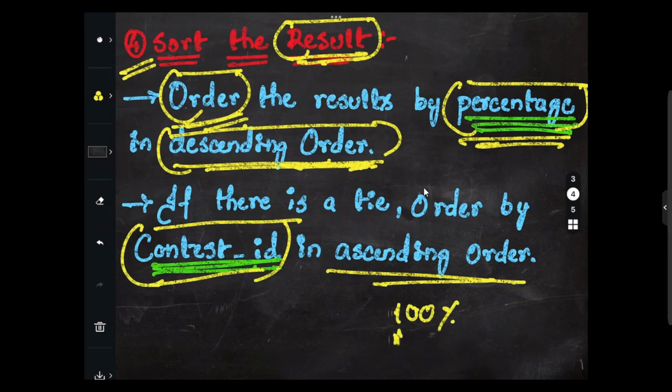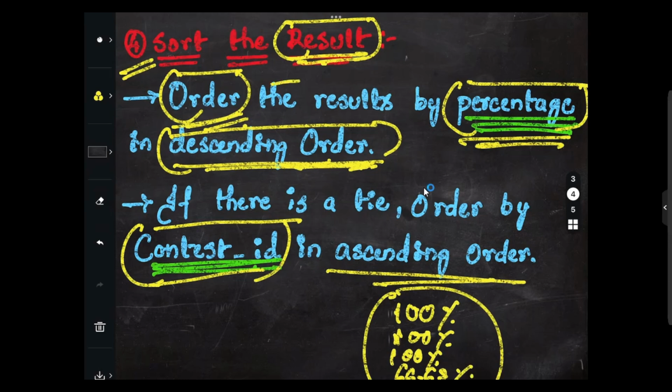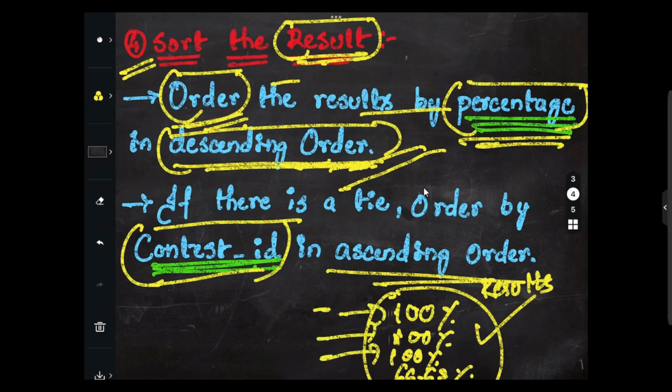So we order the results by percentage in descending order. First came 100%, 100%, then came 66.67%, then came 33.33%, right? This is the first step. If there is a tie, order the contest ID in ascending order. For the contest IDs 208, 209 and 210, we have 100%.